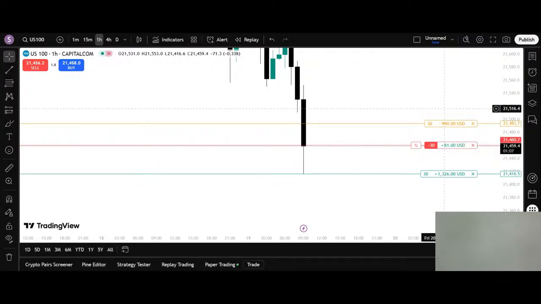Let's see the close. Now, last candle. Let's see how the last candle is.